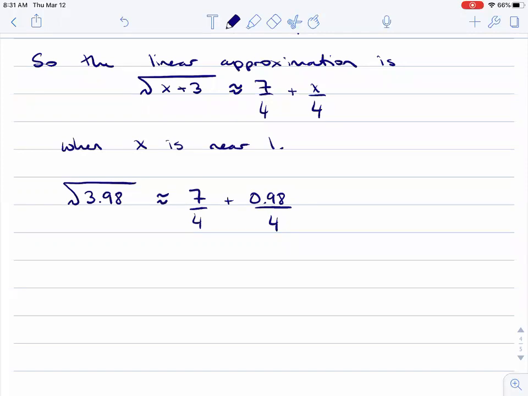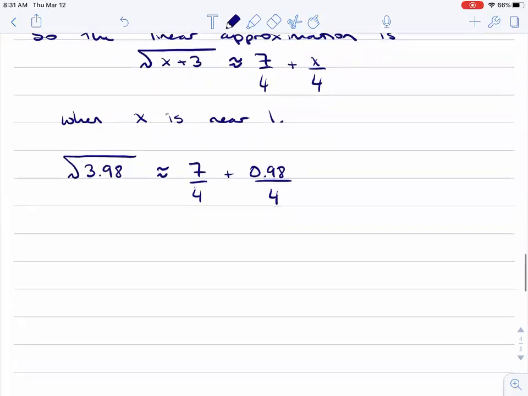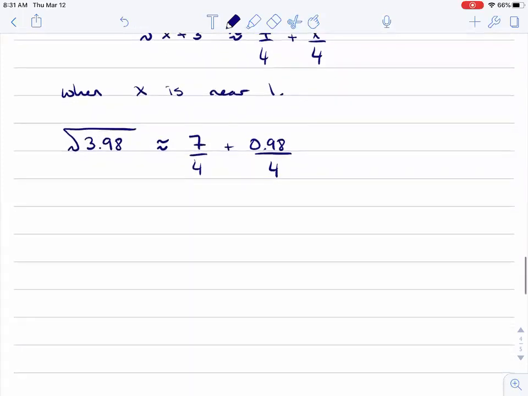But what we get is 7 over 4. I will cheat and use my calculator: 0.98 divided by 4 is 0.245, and then 7 over 4, so we get 1.75 plus, and then what did I say? 0.98 divided by 4? 0.245.